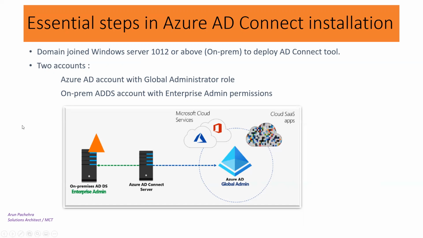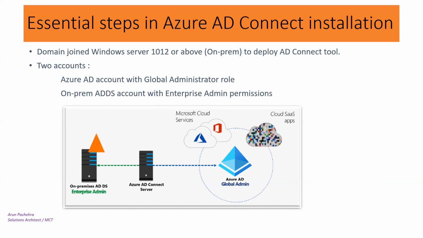Now, this is your on-premises ADDS, and this is another domain-joined server where we have installed the Azure AD Connect tool. So this is the Azure AD Connect server. Now we need two accounts which have the capability to establish the sync. From the on-premises side, we need an enterprise admin, and from the Azure AD side, we need a global admin.